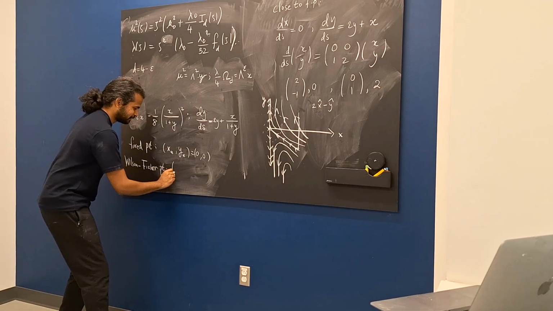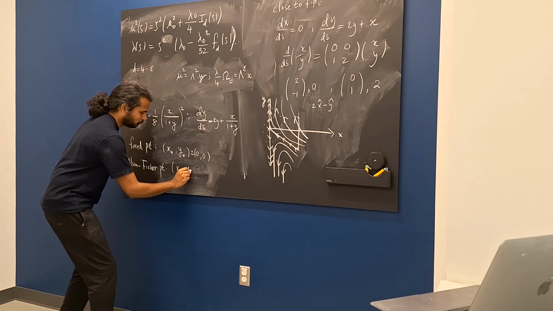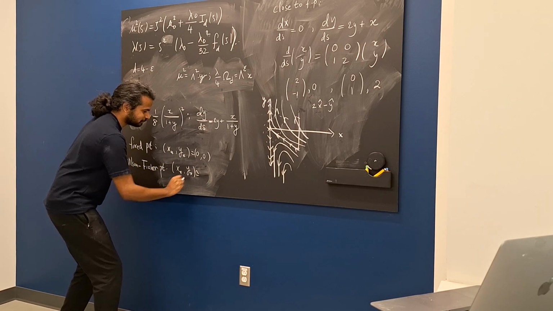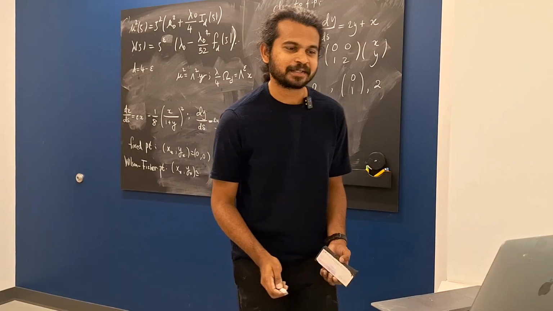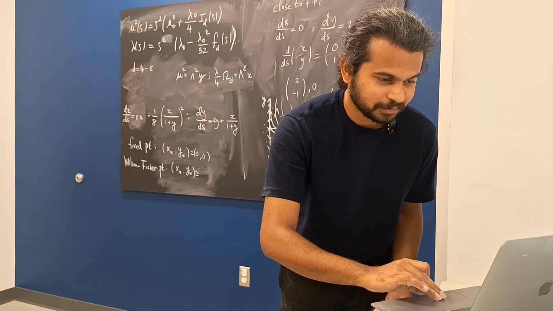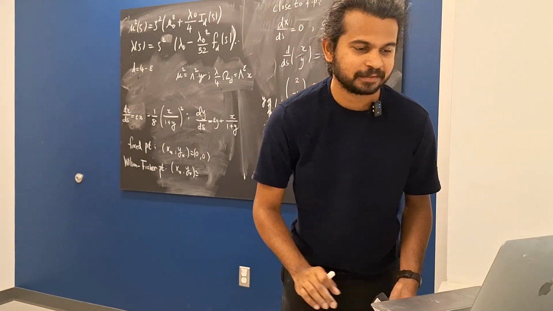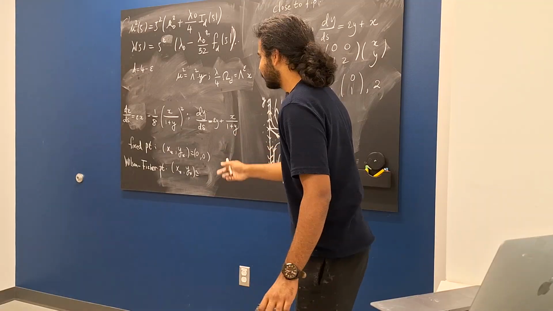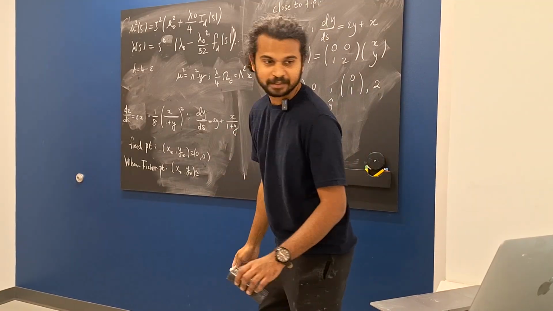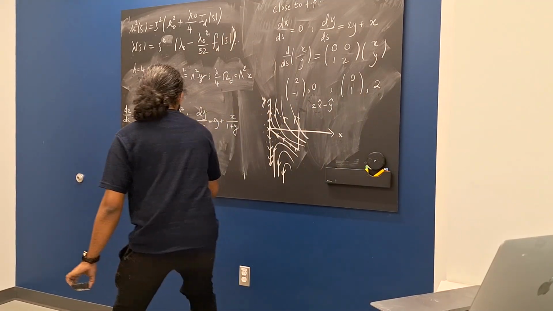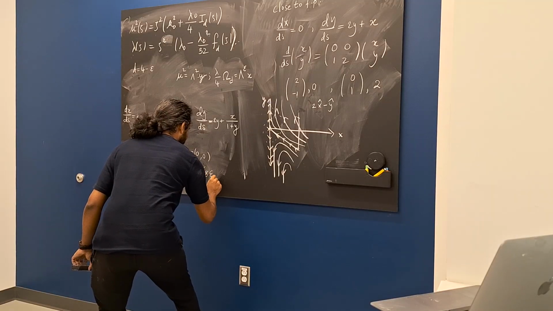So, x star, y star, approximately equal to... It's very hard to find it exactly, but it's very easy to find it approximately to first order in epsilon. And this is equal to 8 epsilon, minus 4 epsilon.